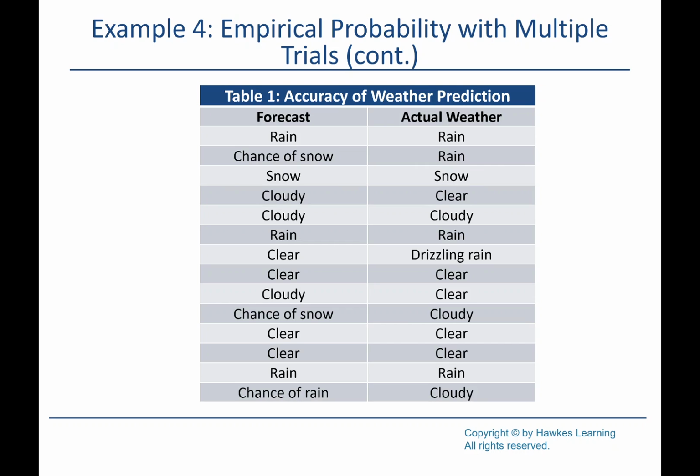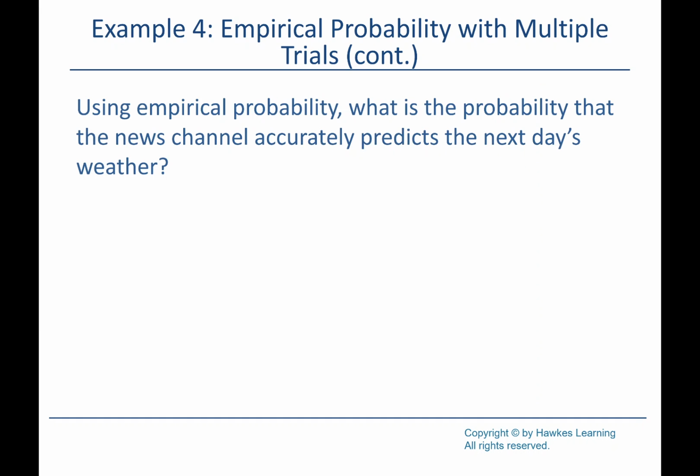So the left column has the forecast. The right column has the actual weather for that day. We'll come back to this. It says using empirical probability, what's the probability that the news channel accurately predicts the next day's weather?